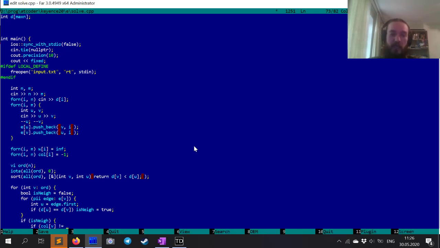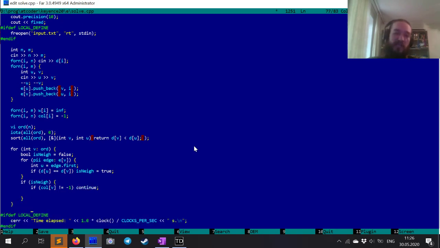So if this is not -1, then we don't have to do anything, we just continue. Okay, otherwise we've just arrived at the component and we need to run some kind of DFS. So this DFS starts coloring from V, and V has to have color 0.